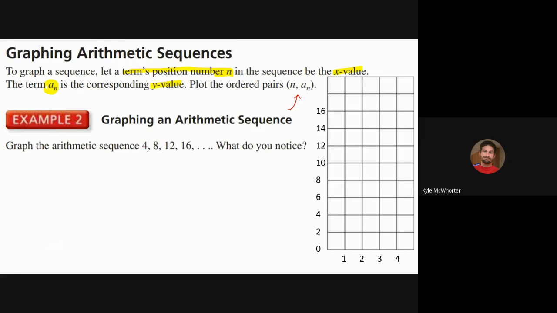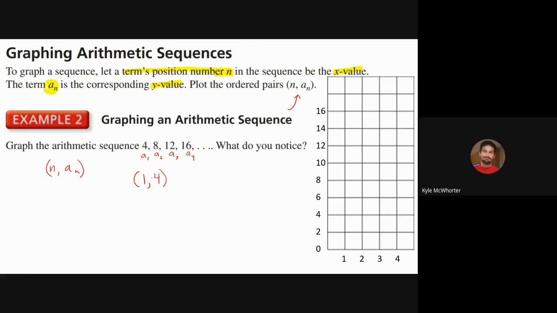So if these down here are a sub n's, this is a1, a2, a3, a4, then the n's would be 1, 2, 3, 4. So if we're making ordered pairs in the format n comma a sub n, for the first term, n is 1, and a sub n is 4.